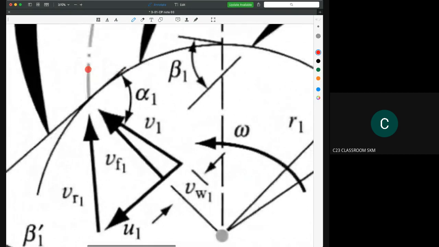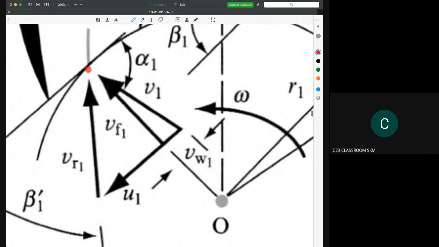So this is a very important one. I hope you can understand this. This is the real velocity. Why is it shifted a little bit? Because we have turbulence, we have resistance. We don't call it turbulent, we call it whirl, W-H-I-R-L.